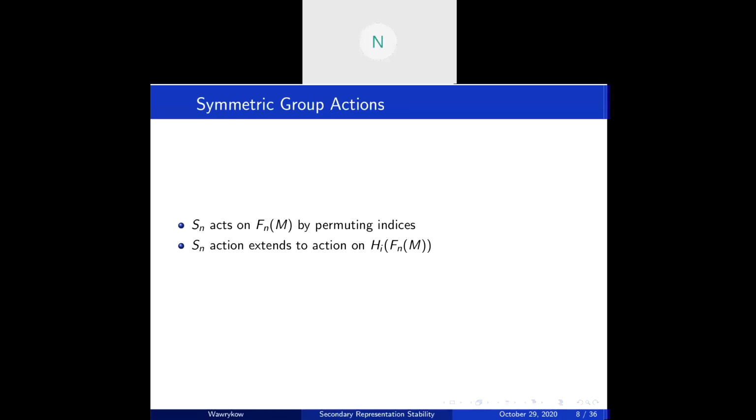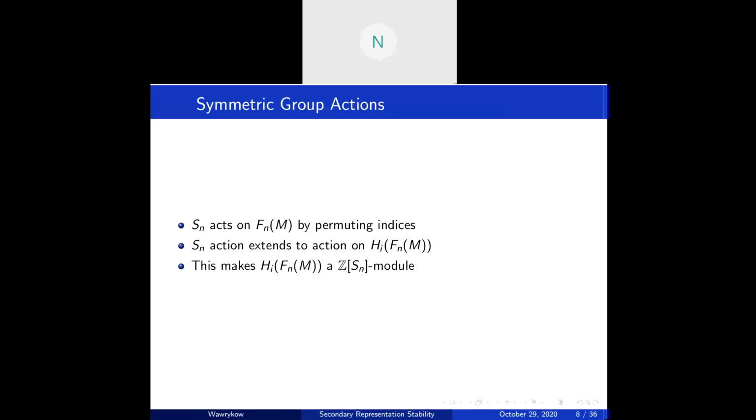And this action will nicely extend to an action on the homology groups, which is just induced by this action by permuting indices. Moreover, and this is what's important for us, this action is going to make these homology groups of the ordered configurations into symmetric group modules. And that is something that is going to be exploited and talked about quite a bit.